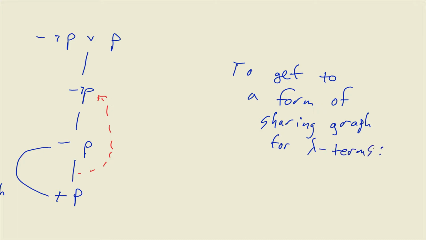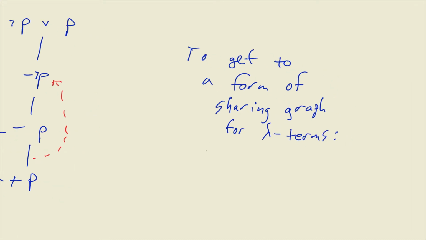Well, first we need to do what you just said, which is, one, we need to switch to intuitionistic logic. Why do we need to do that? Well, because under the Curry-Howard isomorphism, lambda calculus, at least typed lambda calculus, corresponds to intuitionistic logic.